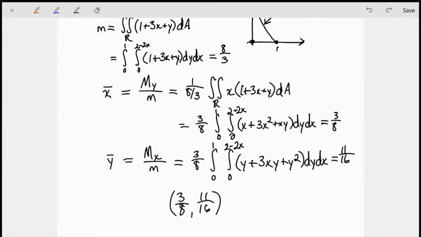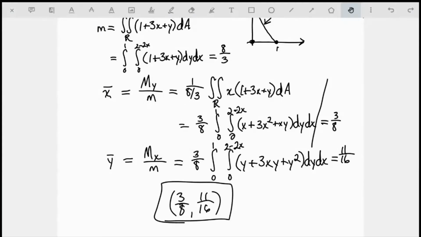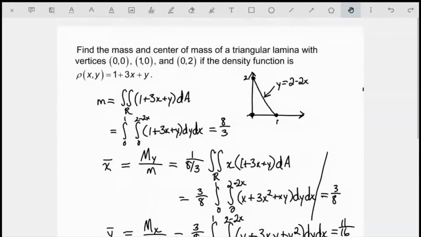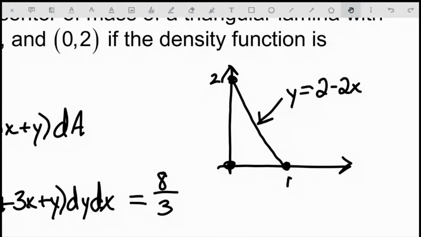If I go back and look at the actual object that I had here, essentially, if I were to go to 3/8, 11/16, I'm going to be at a point, I'll just estimate it here, somewhere around here.